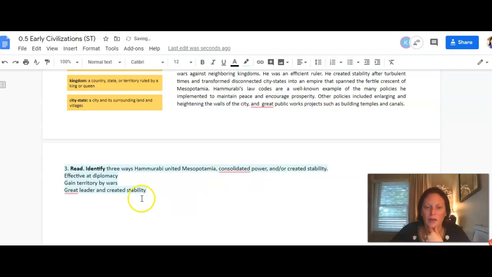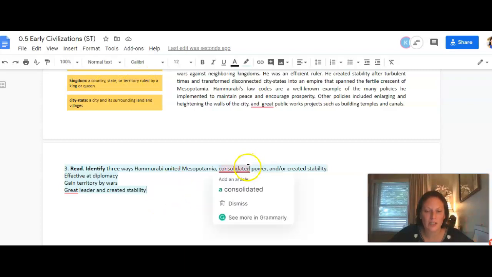And we know that he created stability by creating the law codes, like a unification of, we need to calm the chaos. Everyone has rules. We'll later find that Hammurabi's code wasn't all that fair, but at least it was a start at the first written law code, and those are 3 reasons why Hammurabi was possibly effective in consolidating the power in Mesopotamia.